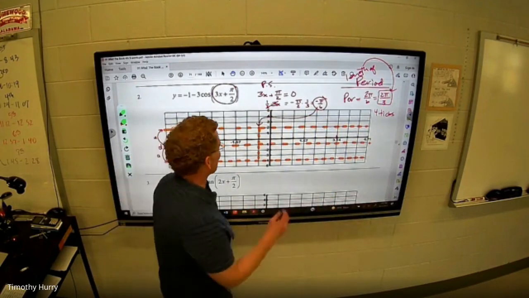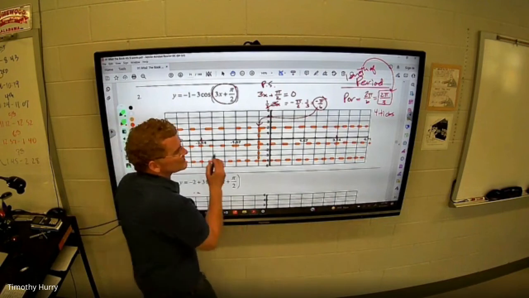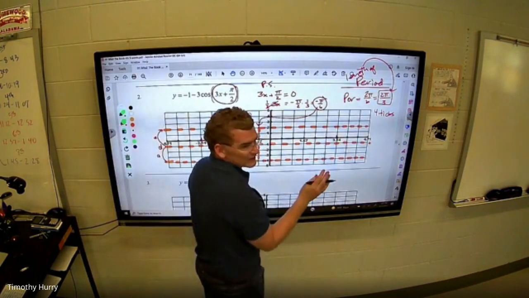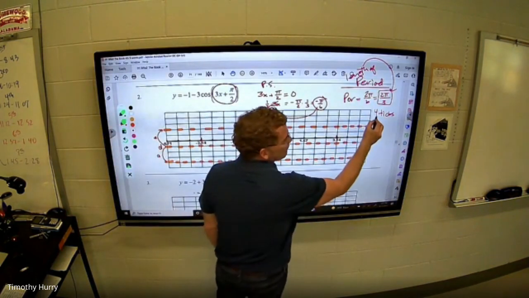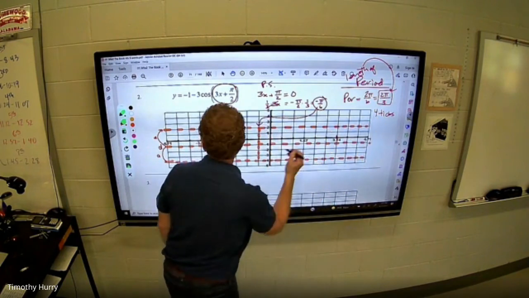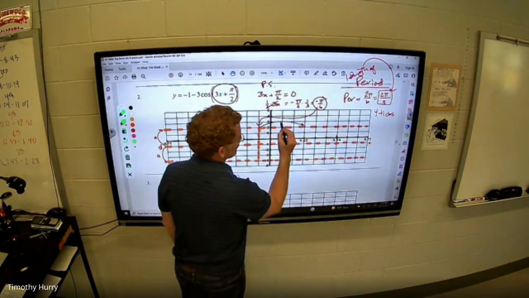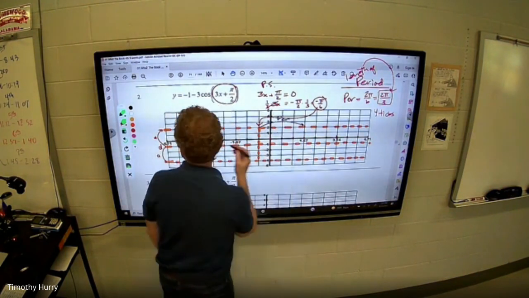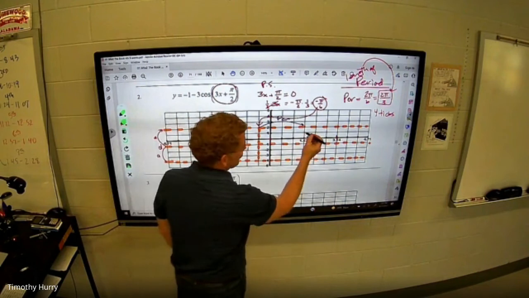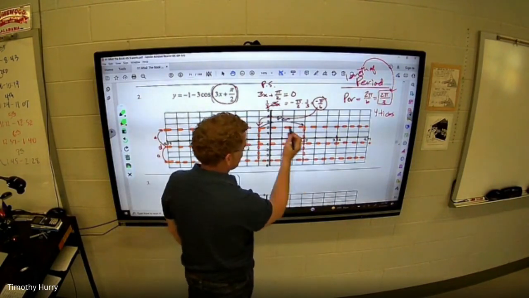So 4 ticks, that means don't go, guys. It doesn't say to go to 2 pi over 3. It doesn't say to do that. It says go 4 ticks from beginning to end. So from beginning to end right here, that is my period here in the blue. So I mark that ending, and there's my first box.